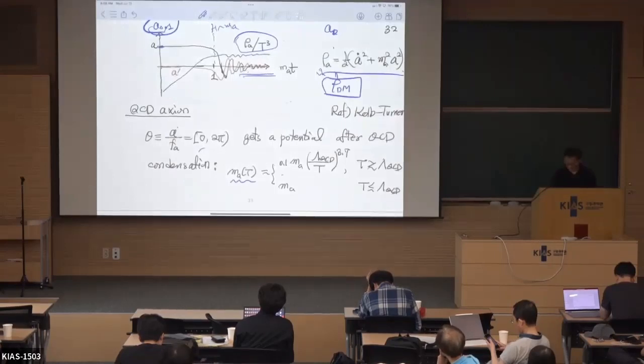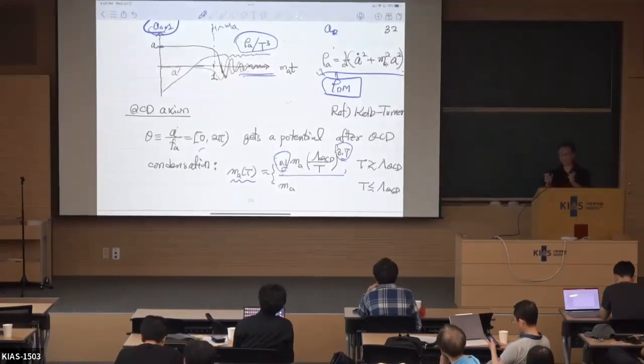For the temperature higher than lambda QCD, the temperature dependence is like this. Of course, this precise value and these two values should be determined by some serious and exact calculations. But this is the value appearing in old textbooks, like Kolb and Turner.